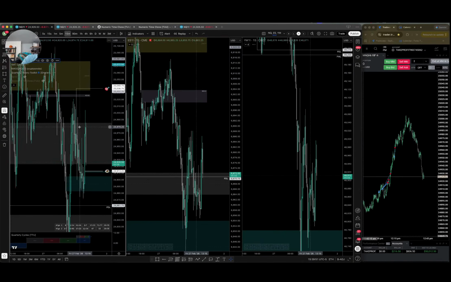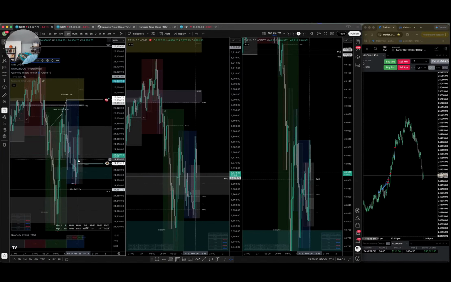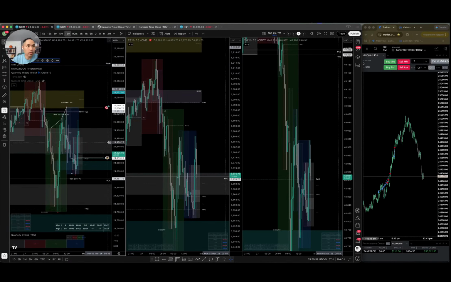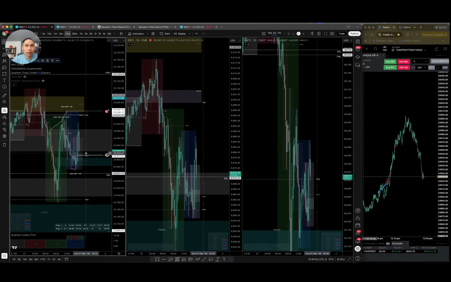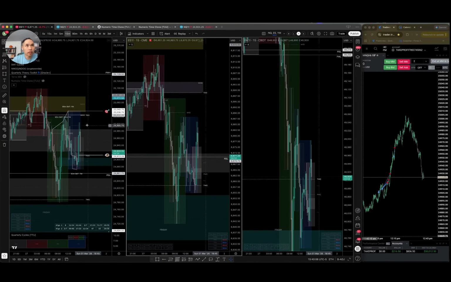Yeah, so no 15-minute bodies close above here. So filling this gap might rebalance this gap and then just range for the day. Don't know if that's going to be.